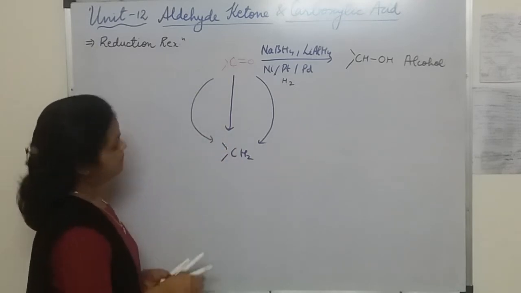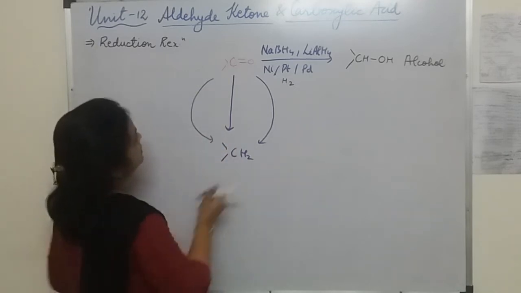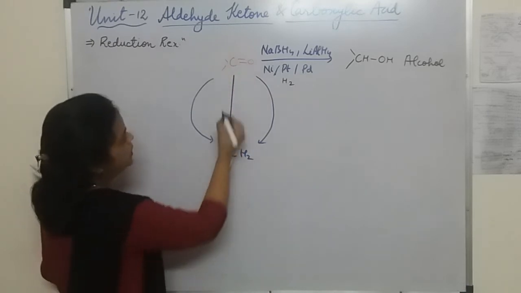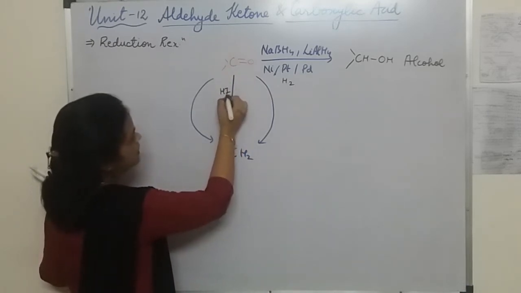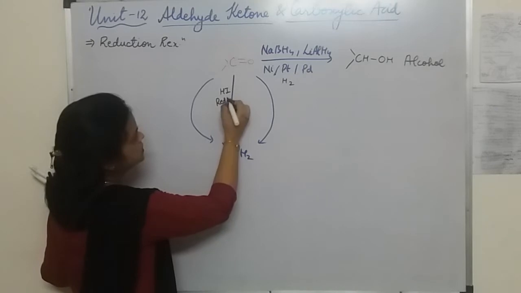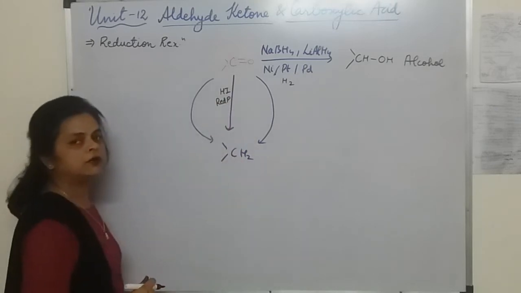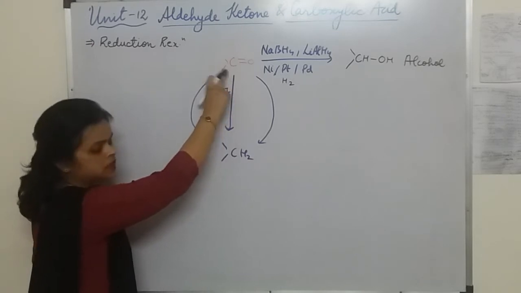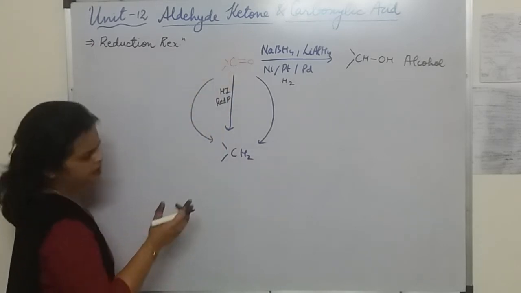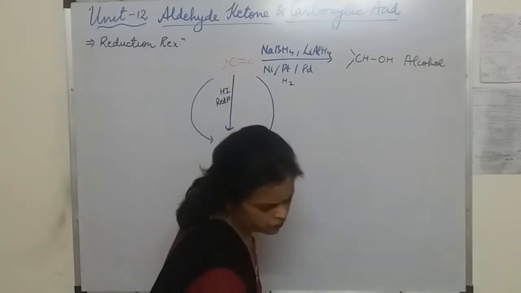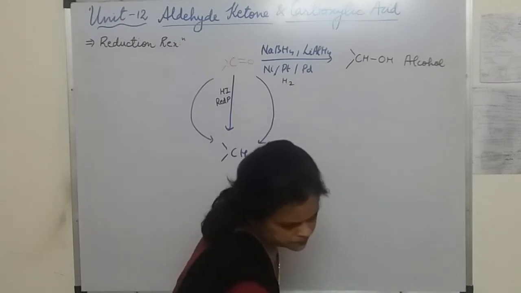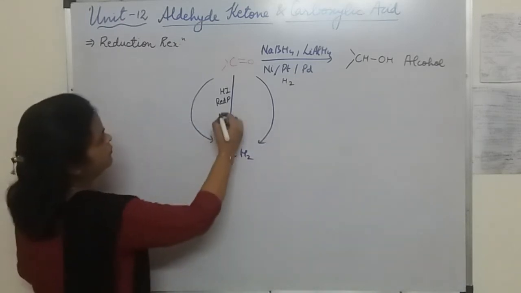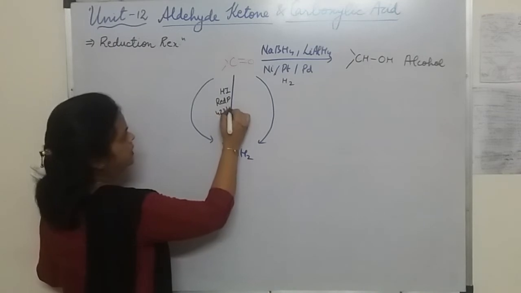First one, when you are treating carbonyl compounds with HI and red phosphorus. When you are heating carbonyl compounds with HI and red phosphorus at a particular temperature, I guess it is 423 Kelvin. Yes, it is 423 Kelvin.